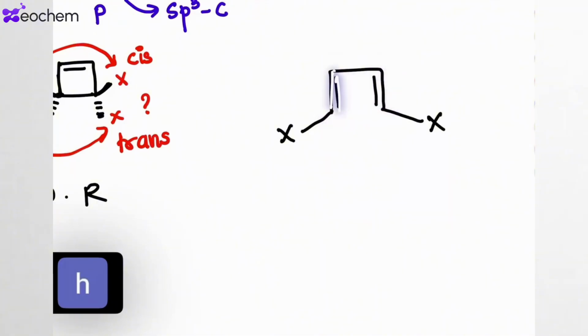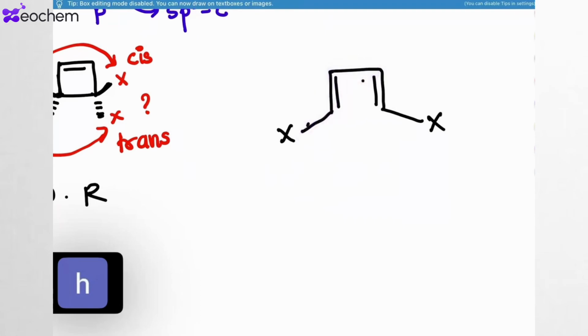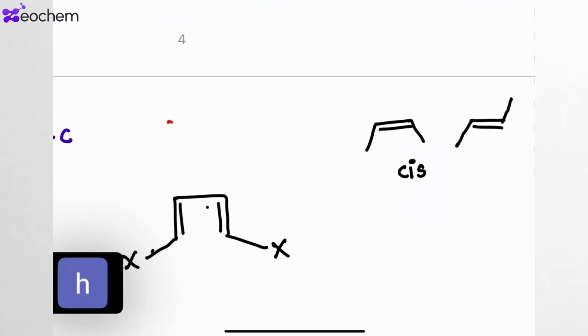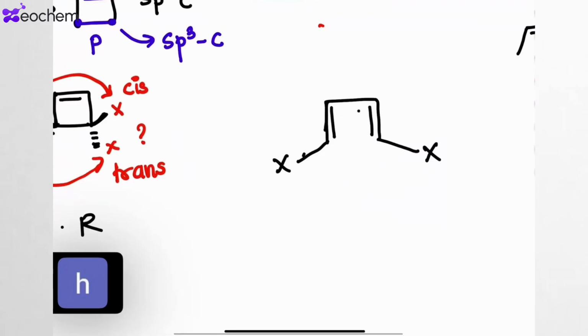Look at this bond. This is kind of opposite to each other. You already know, right? In a double bond, if both substituents are on the same side, it is called cis. Suppose in a double bond one substituent is on this side and the other substituent is on that side, then it is called trans. Here, if you look at this molecule, one substituent is on this side, the other is on that side.